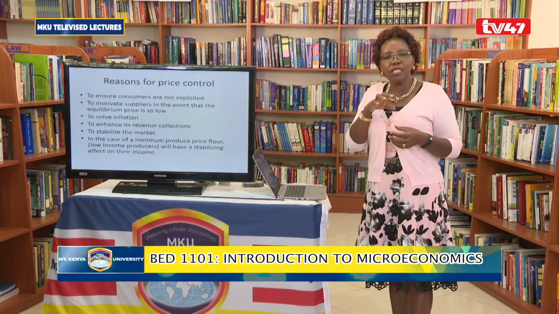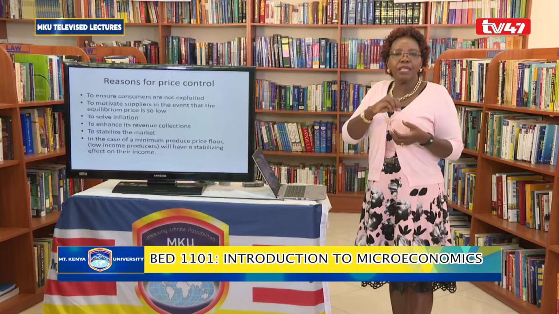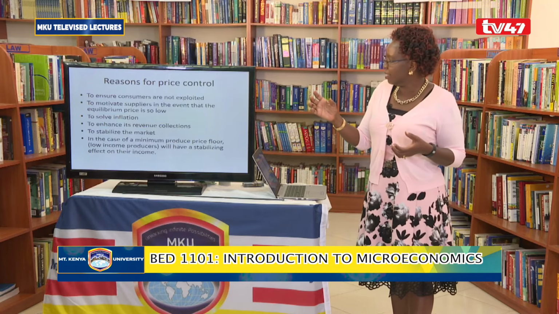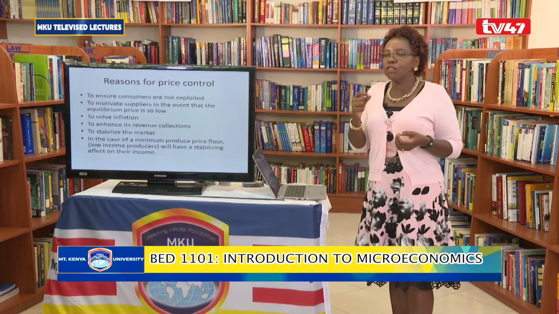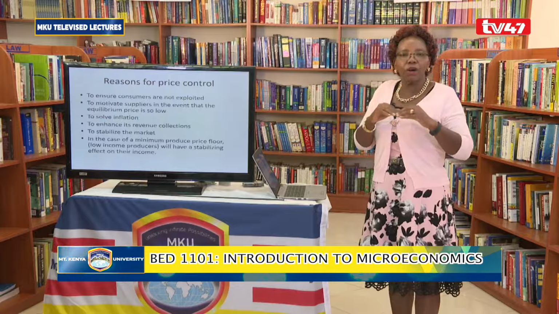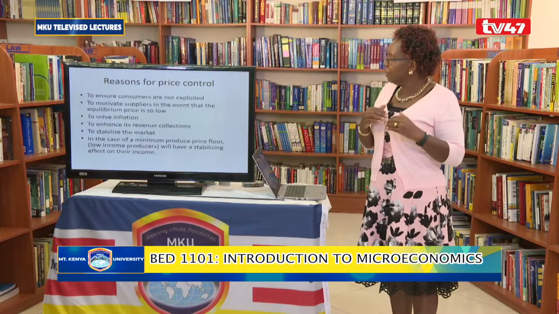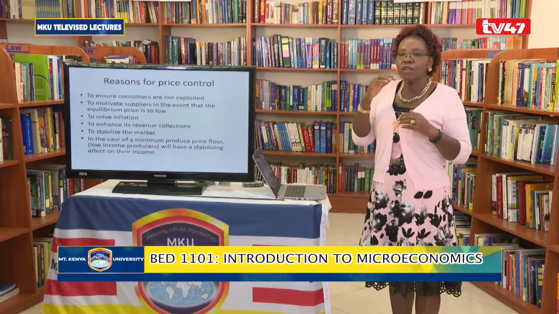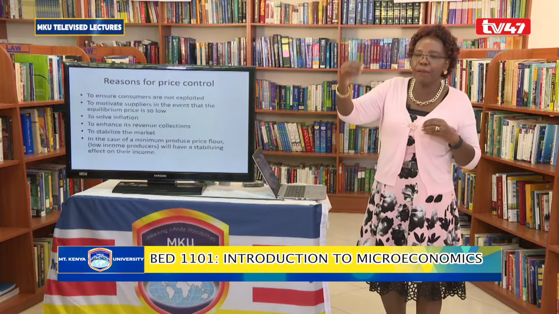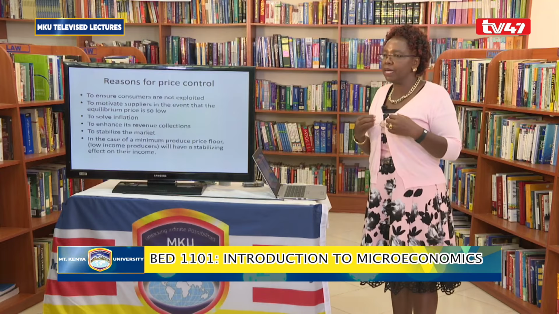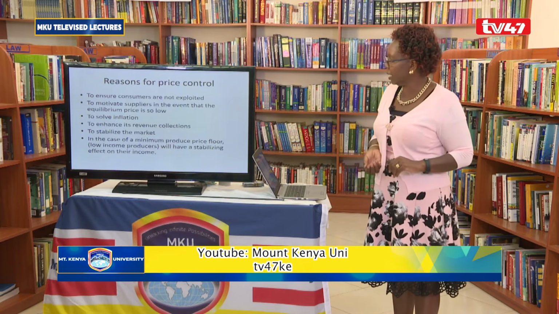And when there is a shortage in the market, it means the prices will generally increase. Now, to solve that, the government normally brings down the prices deliberately. And this motivates the suppliers to bring more goods into the market to cover the shortage in the market.